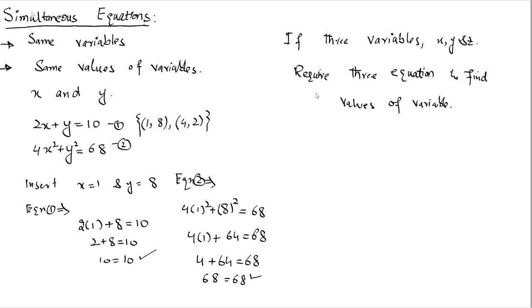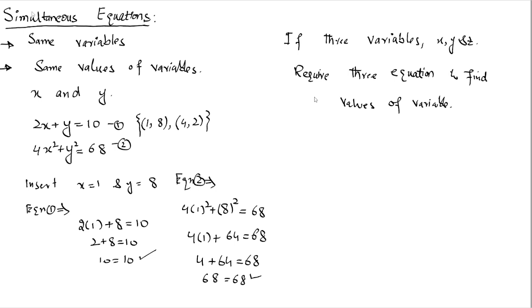If we have three variables to find, then we require three equations, and that will be called the system of simultaneous equations, which will be used to find the values of those variables. If we have four variables to find, then we will need four simultaneous equations.